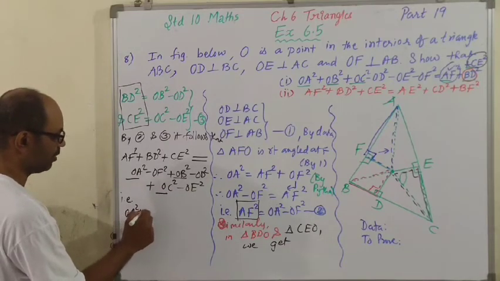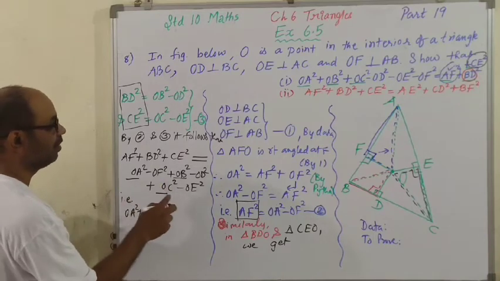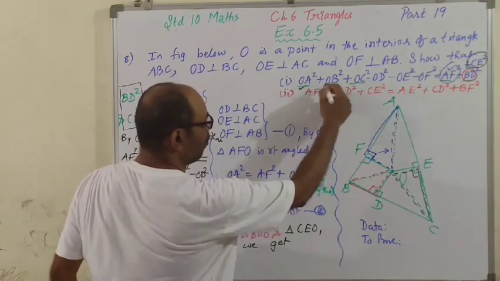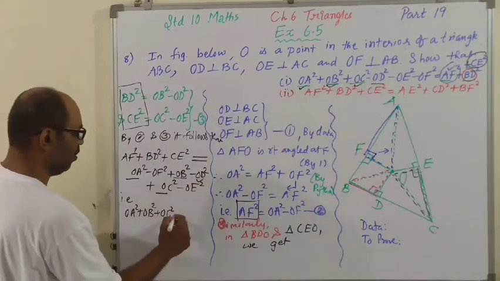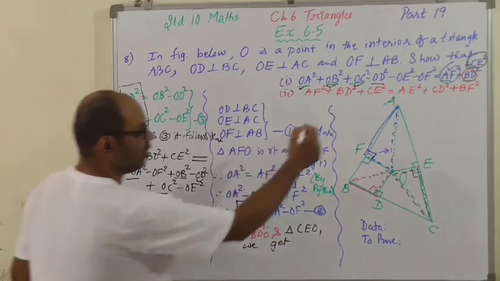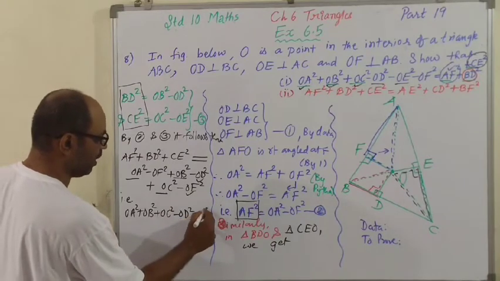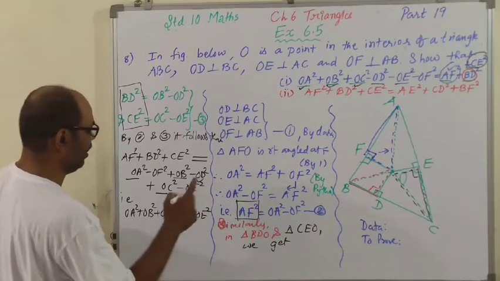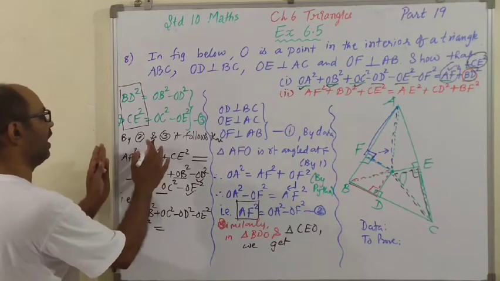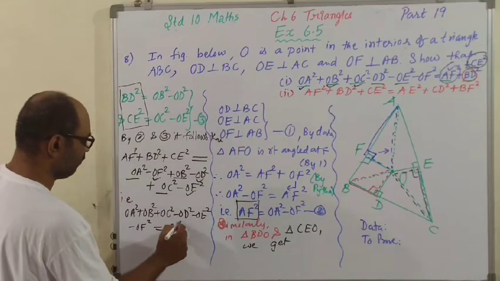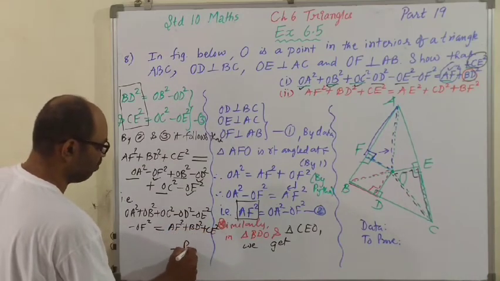OA square plus OB square plus OC square. फिर नेगेटिव टर्म्स चाहिए पहले क्या ये ऑल 3 पॉजिटिव टर्म्स मिल गई. पहले OD स्क्वायर चाहिए तो ये ले लो माइनस OD स्क्वायर. फिर OE स्क्वायर चाहिए तो ये रहा माइनस OE स्क्वायर. ऑलराइट. फिर चाहिए OF स्क्वायर तो ये रहेगा माइनस OF स्क्वायर इज इक्वल टू, ये राइट हैंड साइड वाला लेफ्ट हैंड साइड पे लिखो, AF स्क्वायर प्लस BD स्क्वायर प्लस CE स्क्वायर. एंड दैट इज प्रूव्ड.